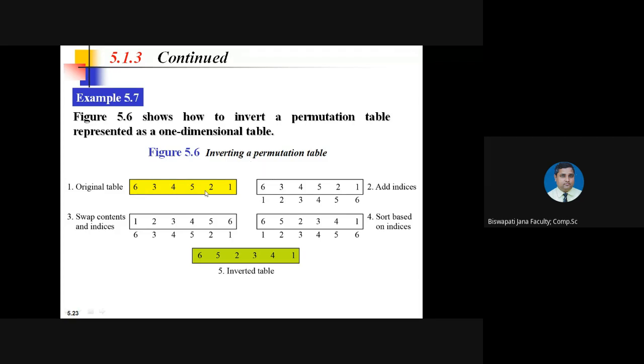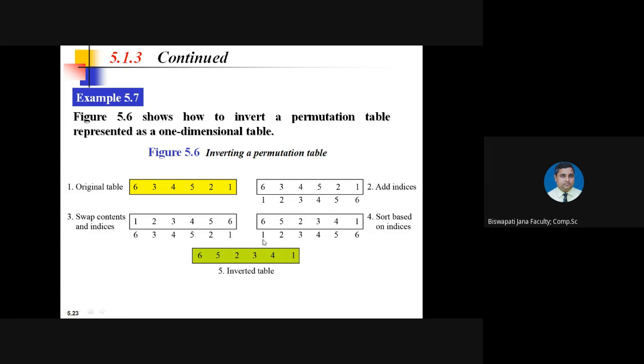Suppose this is the original table. Now we add these indexes. The original table is 6, 3, 4, 5, 2, 1. We add this 1, 2, 3, 4, 5, 6.